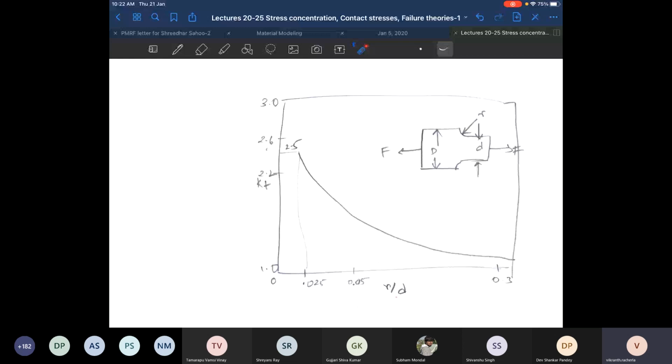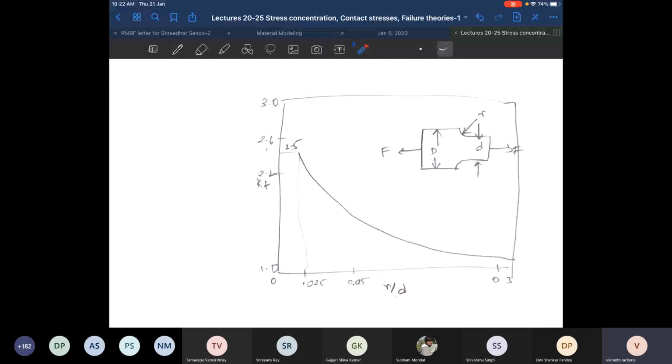You have three: the bigger width, the smaller width, and the fillet radius. So you need to select the curve corresponding to capital D divided by small d, which matches what you have, and then you estimate KT for the given ratio of the fillet radius to the smaller width.